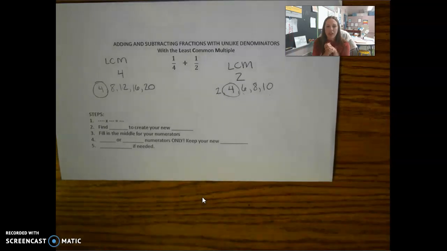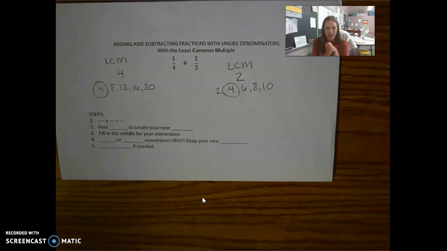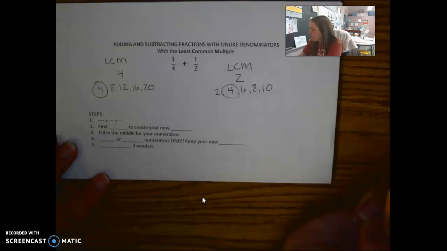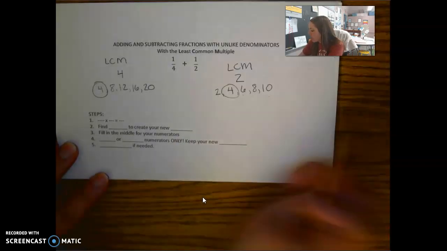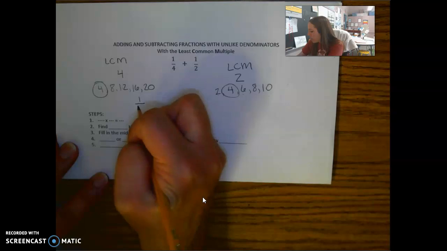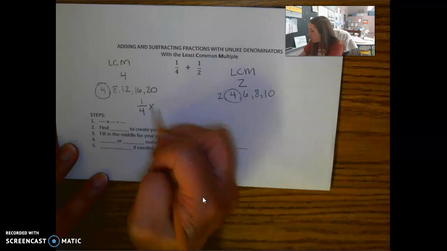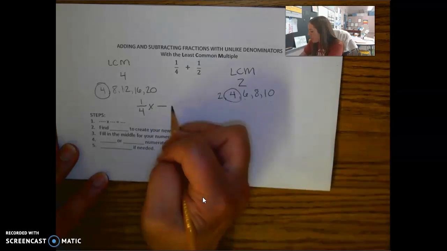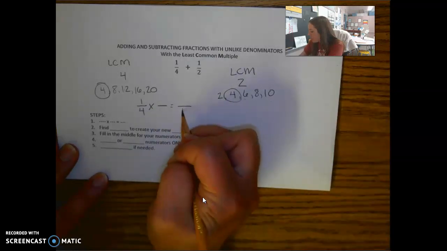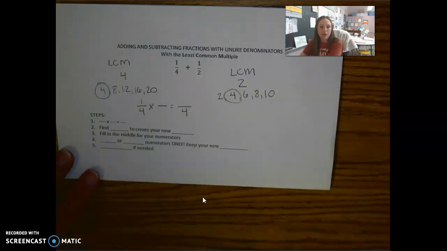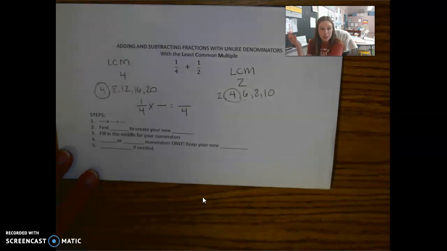And then we do a little thing I like to call dash times dash equals dash. We have a dash, we multiply, we have a dash, we have an equals, and a dash. We do this for both of our fractions. We list our original fraction. That's our first dash. Then we multiply by a second fraction to equal a fraction that has our least common multiple as the denominator, because our least common multiple is going to be our common denominator.